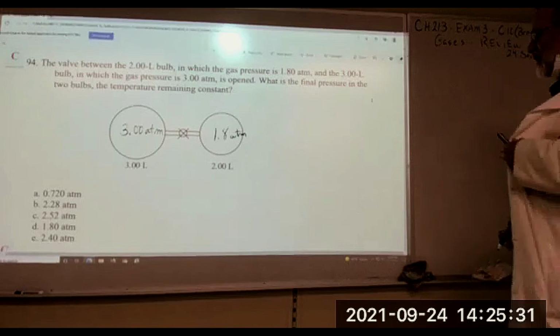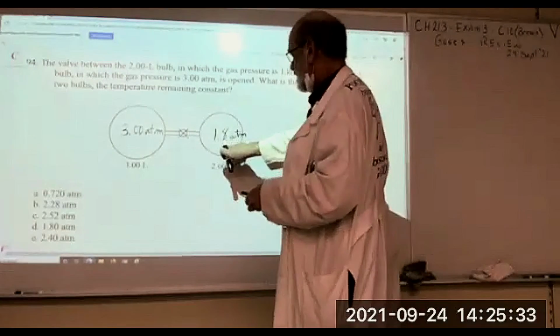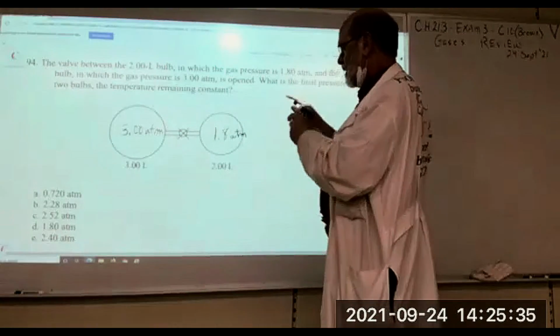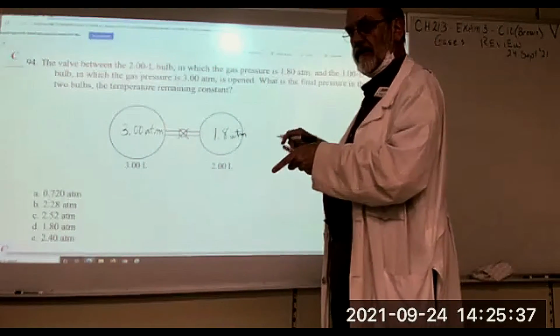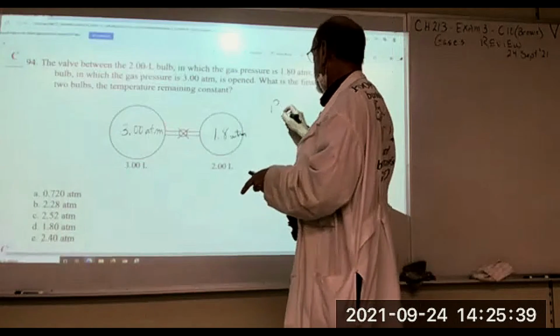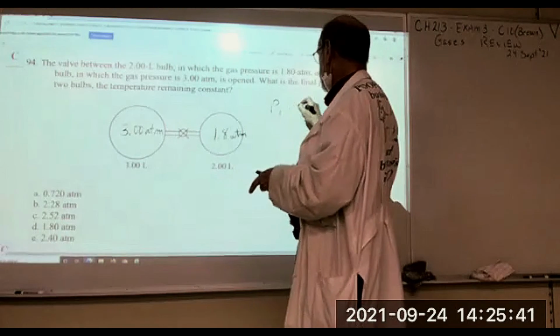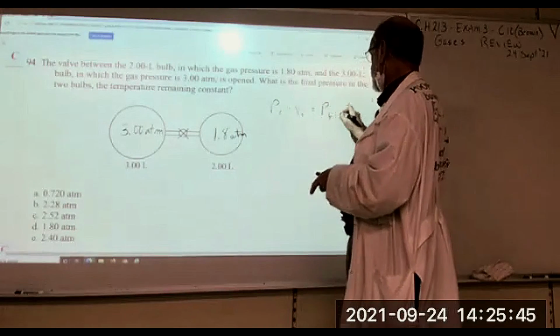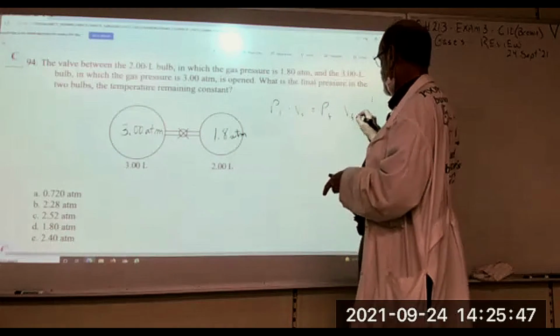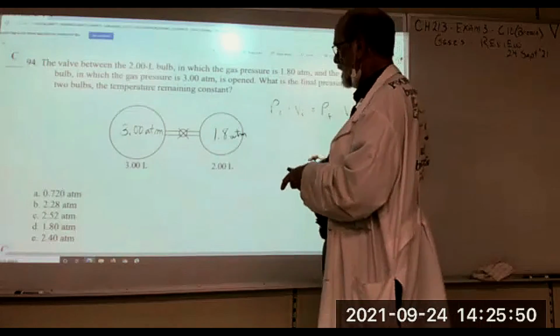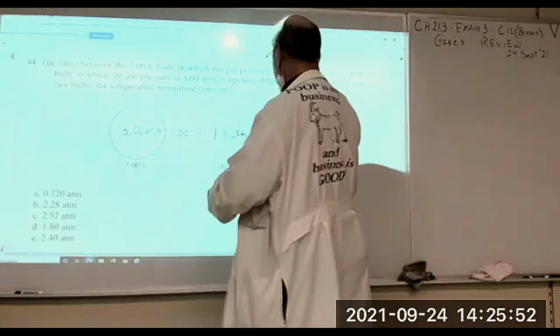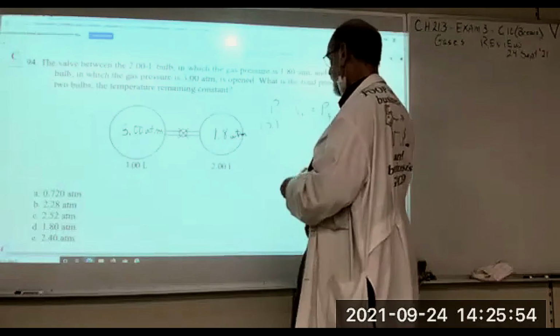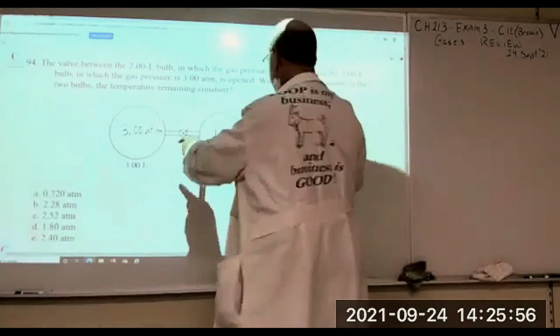Okay. So if this is a vacuum, then what do we have? Pressure, volume, correct? So initial pressure times initial volume equals final pressure times final volume. So what's the initial pressure? If we let this be the vacuum, the initial pressure is 3, right? The initial volume is also 3.